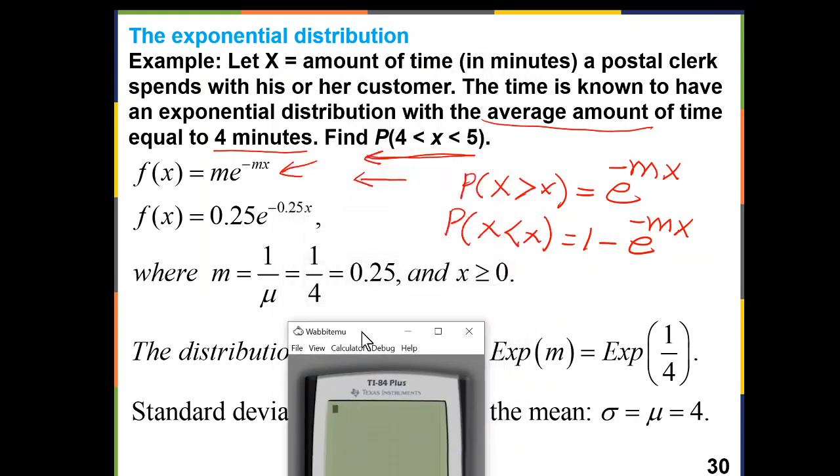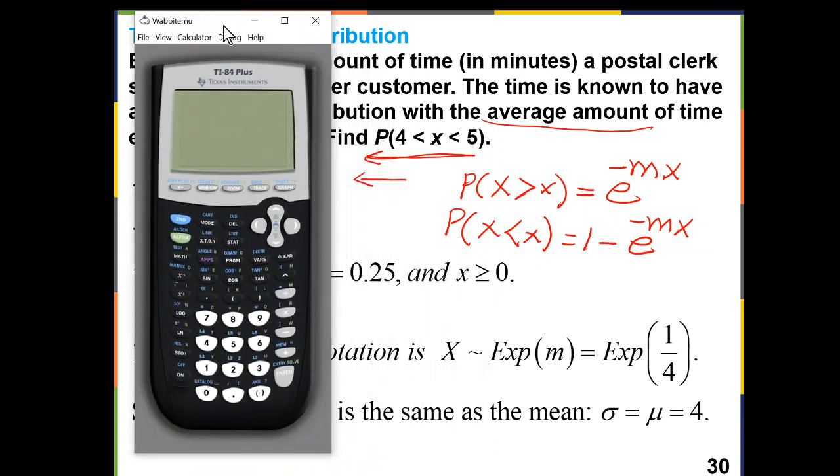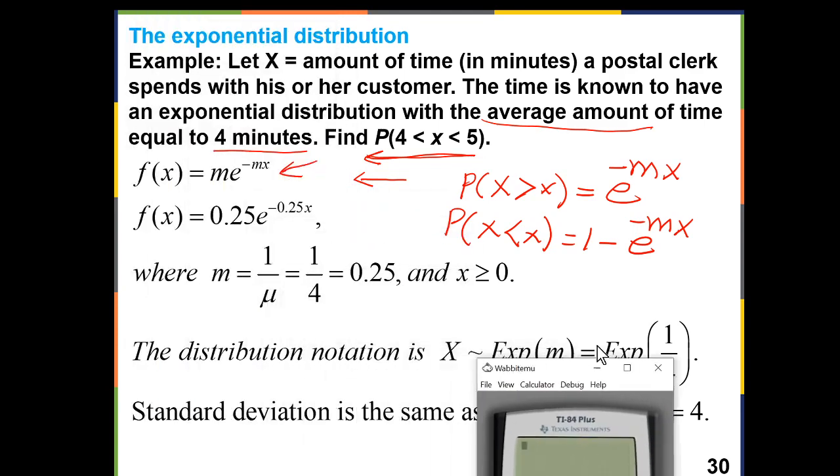Is to find the probability of x less than 5. So how do we do that? We have to use this formula. So let's put it here.